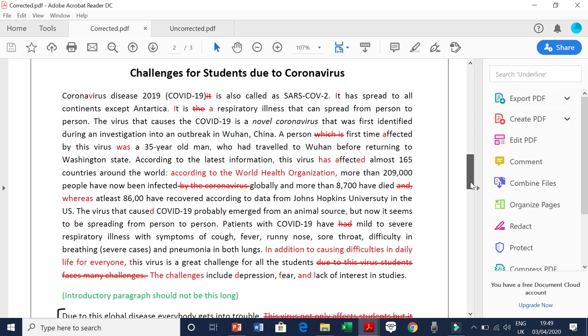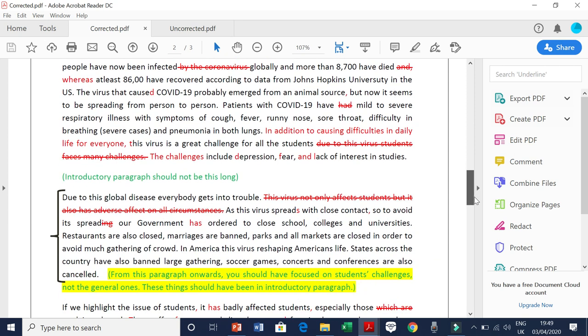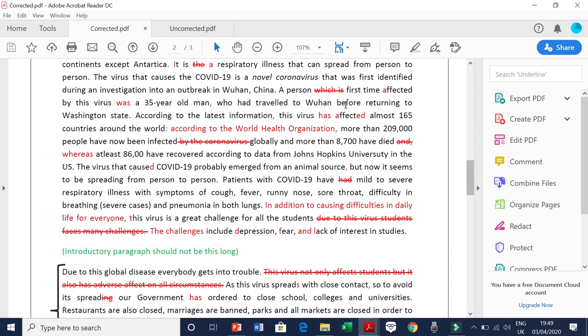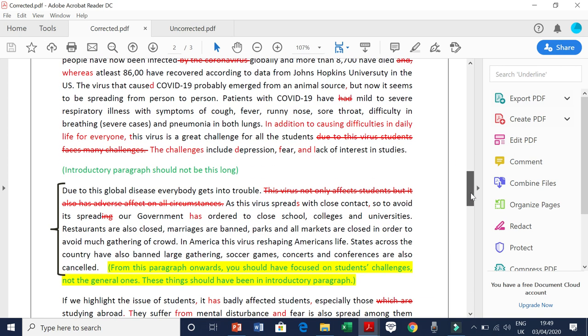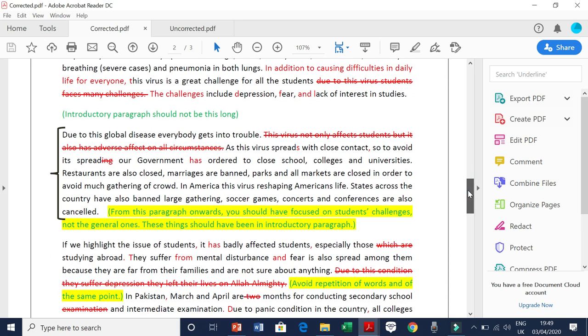Then you can see repetition of the ideas. The red ink is what I have corrected, and in green color I have written the remarks for the student. I have also highlighted over here, for example, that from this paragraph onward, you should have focused on students' challenges, not the general ones.